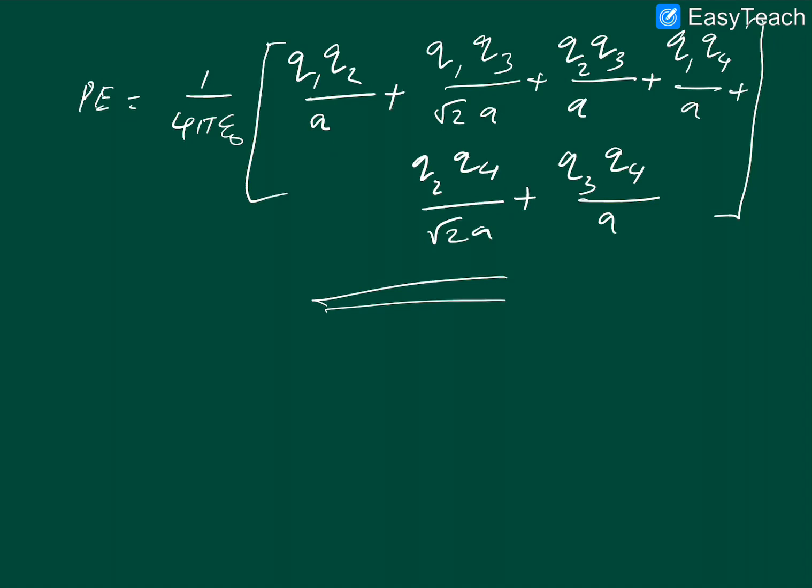And remember that in this way you can solve problems when there is no external field present. In the case when there is an external field, you need to consider that also, which we will discuss in the next lecture. So by default, if they are not mentioning any external field, you can consider that external field is absent.